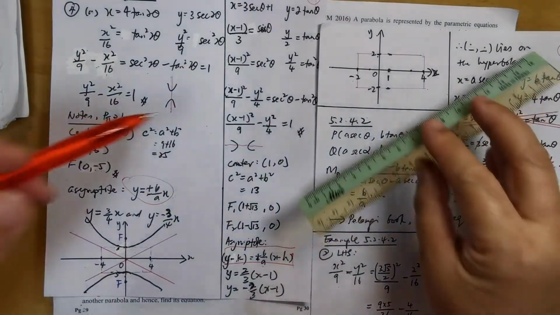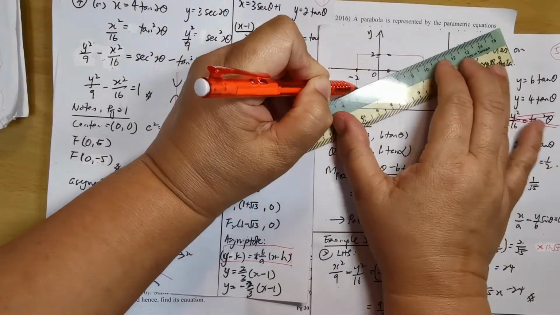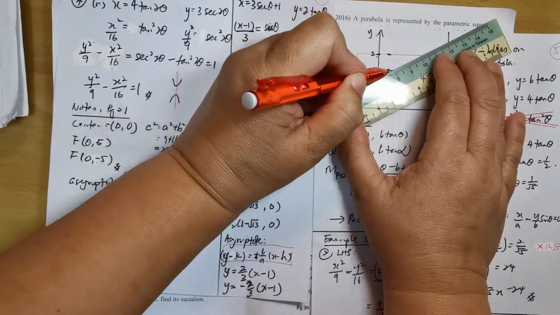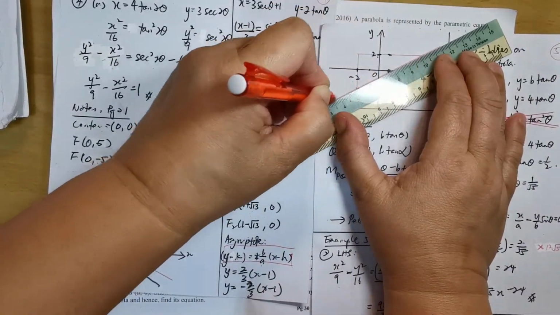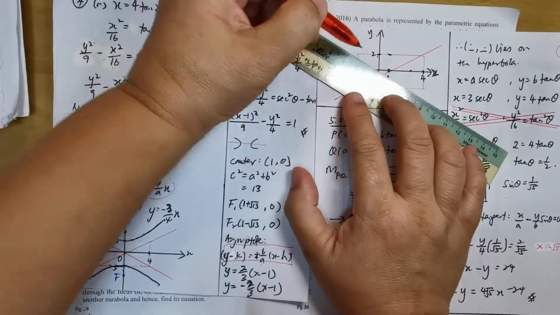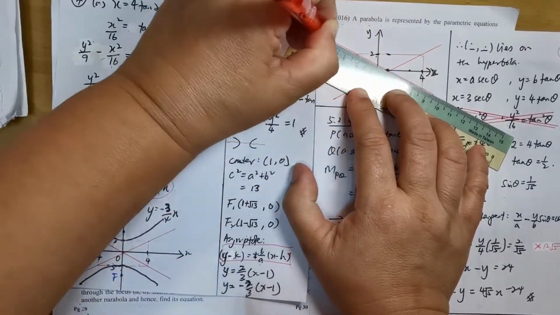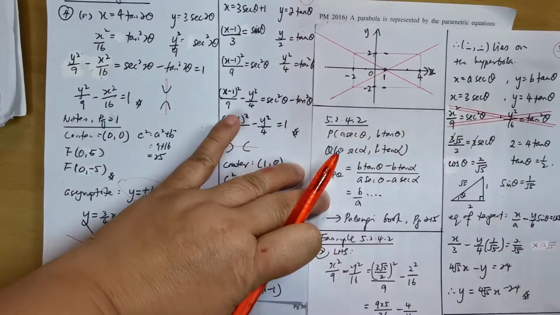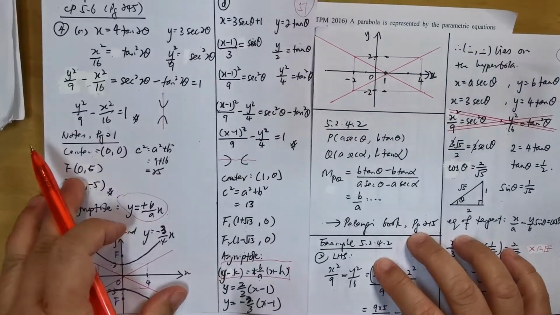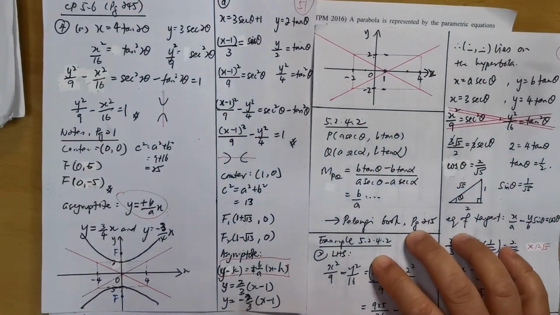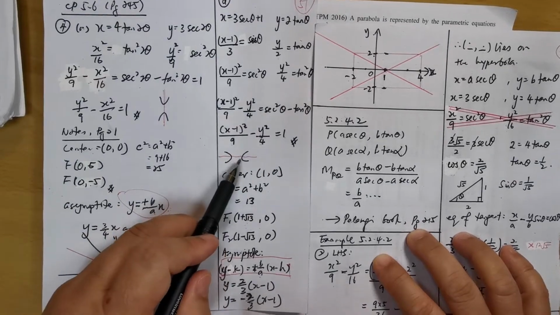So again, the diagonals. The diagonals must pass through the center. Mine maybe is not that accurate. So the diagonals of the rectangle must pass through the center, and these two are the asymptotes. These two red ones will be the asymptotes. Now we draw the hyperbola. It is a horizontal one.